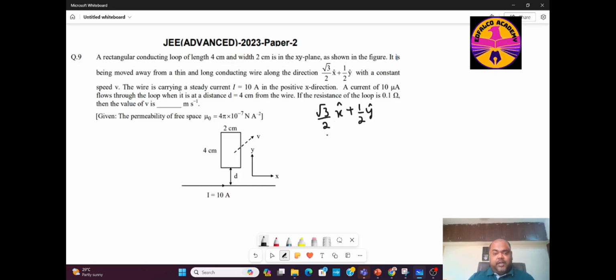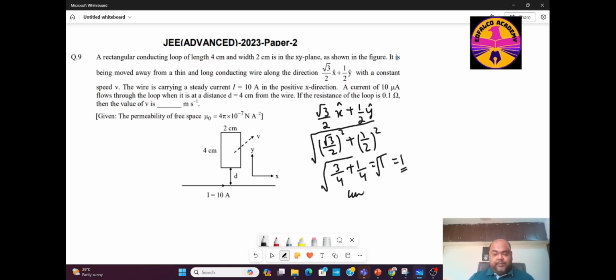If you calculate the magnitude of this vector, root 3 by 2 whole square plus 1 by 2 whole square, this will come to 3 by 4 plus 1 by 4, which comes to 1, and the root of that is 1. That means it's a unit vector, which is just given for showing the direction in which it is moving.